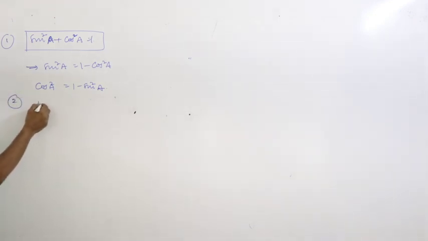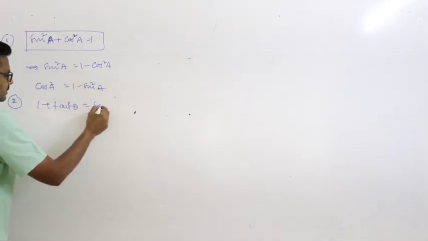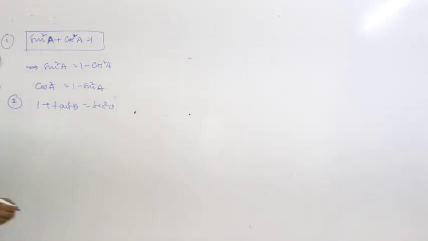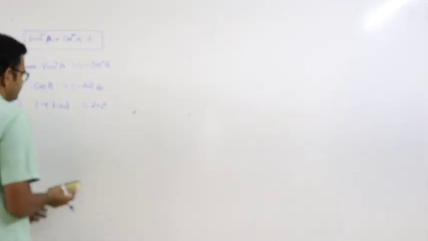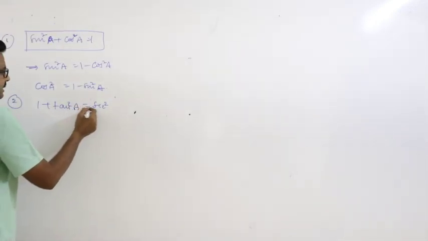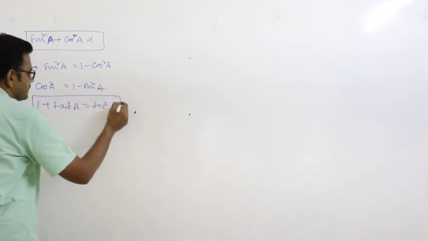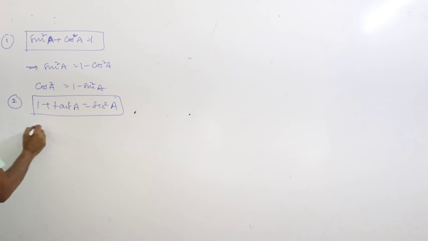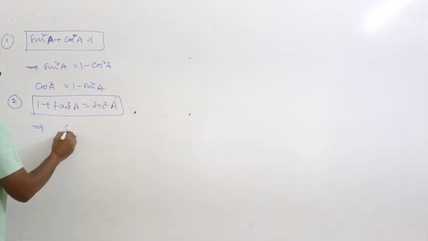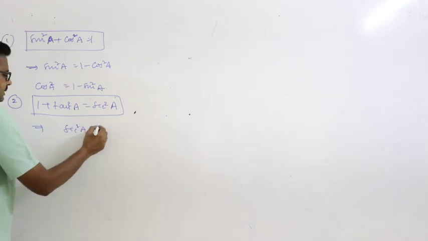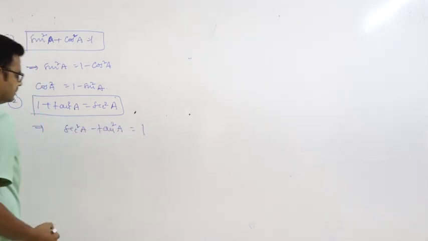Next one, 1 plus tan square theta, you can write any angle, it doesn't matter: 1 plus tan square A is equal to secant square A. This implies 1 is equal to secant square A minus tan square A, that is secant square A minus tan square A is equal to 1.